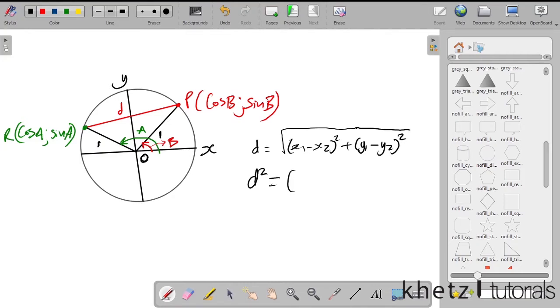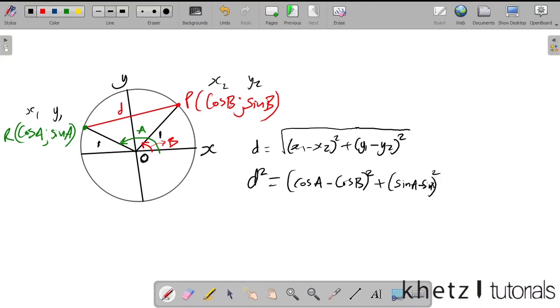So in our case, if we take this side to be x1, y1, this side to be x2, y2, we're basically going to have d squared equals cosine of A minus cosine of B, squared, then we're going to add that to sine of A minus sine of B, then we're going to square that.